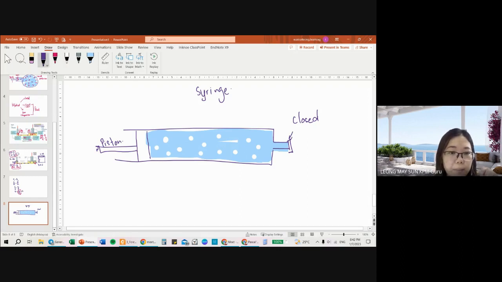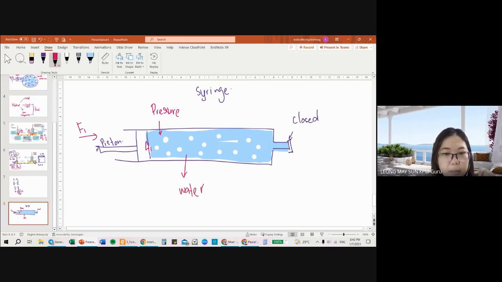So when the piston exerts a force F1 on the cross-sectional area A1, we know that pressure will actually be created. But what happens when you use water, and this pressure P is supposed to be transmitted equally throughout all the place until it reaches this external part?